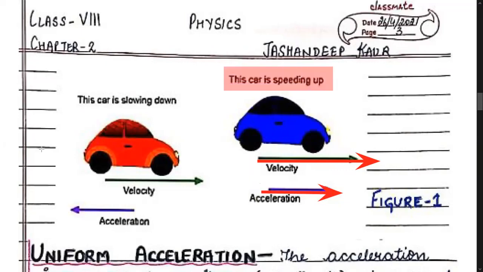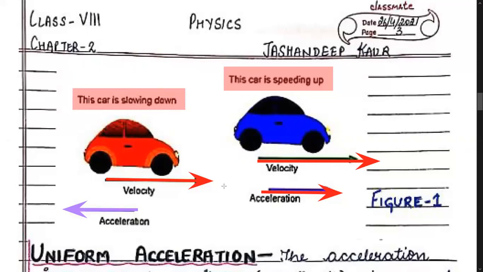The car is speeding up means both velocity and acceleration are in the same direction. But children, if velocity is in one direction and acceleration is in the other direction, then we will say that the body is slowing down. So here the car is slowing down.